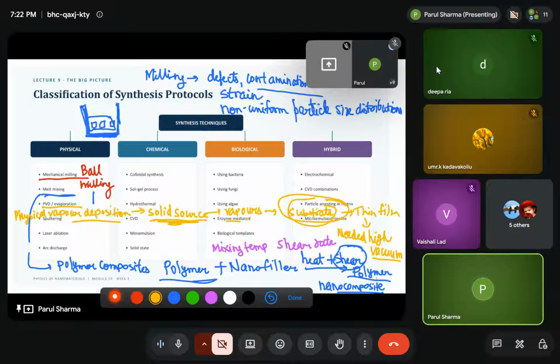So why is vacuum required? Because we want the evaporated atoms or particles to travel from the source to the substrate. Suppose we don't have the high vacuum and we are operating a PVD at atmospheric pressure, then what will happen? While traveling, they will frequently collide with the gas molecules. So they will lose their energy along the path and won't reach the substrate and deposit.